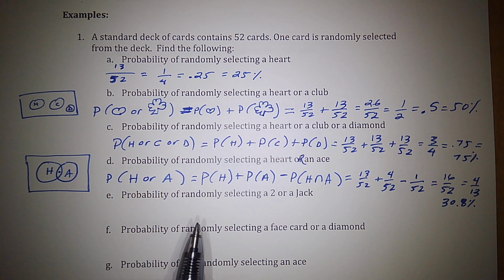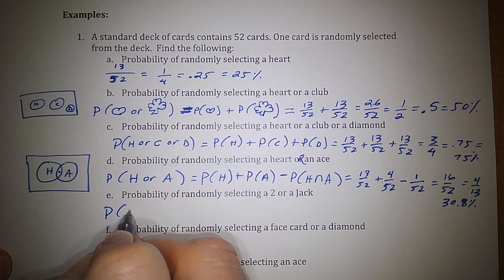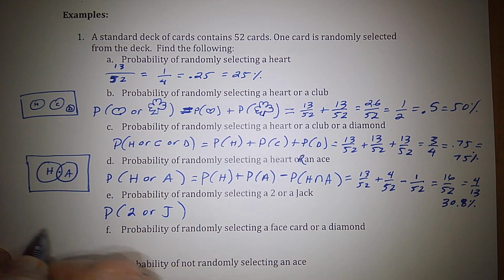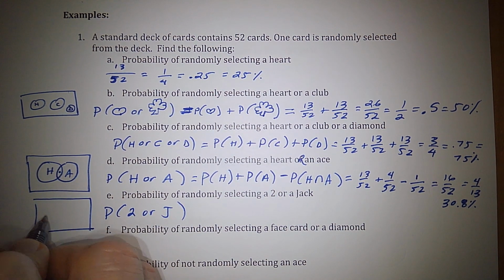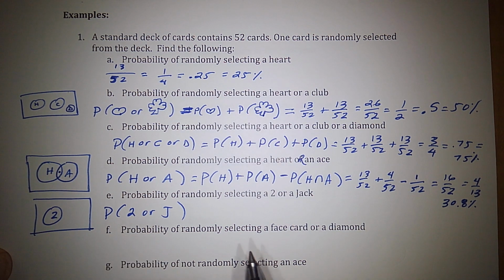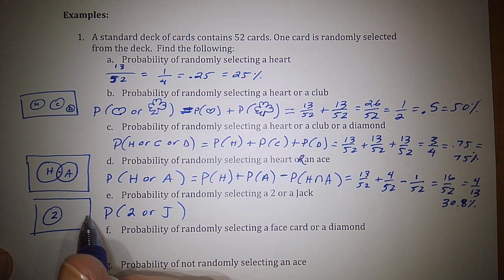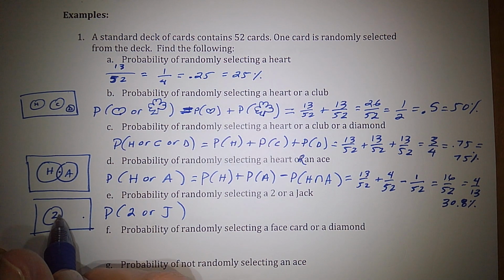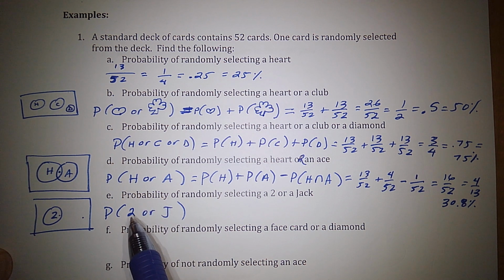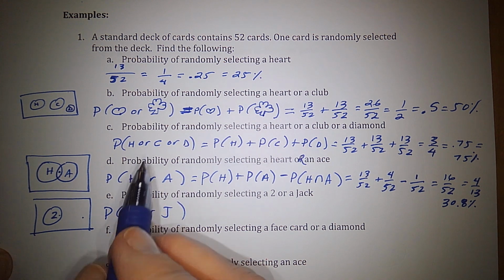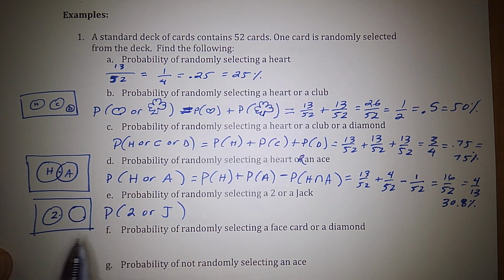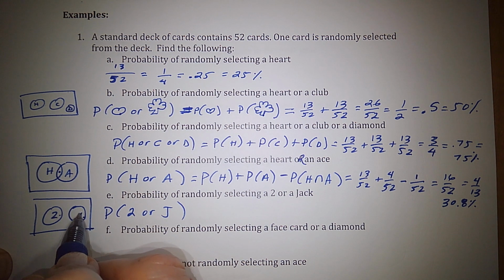How about the probability of randomly selecting a 2 or a jack? Let's look at the Venn diagram. Here's all the 2s in the deck. Now the jacks, are they mutually exclusive or are they joined? In other words, are there any cards that are 2s and jacks at the same time? And the answer is no. There is no card that could be a 2 and a jack at the same time.